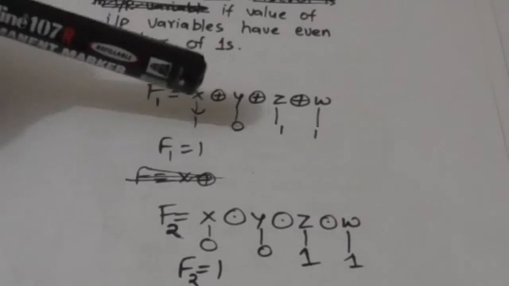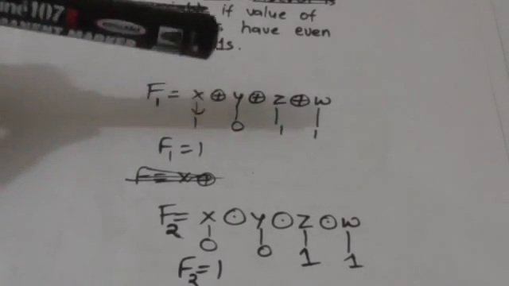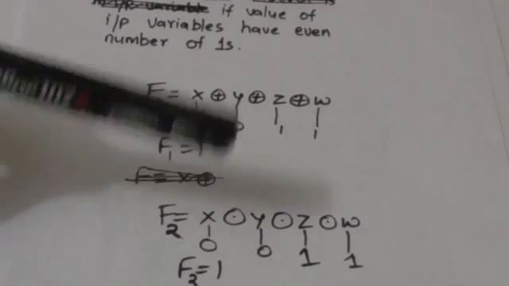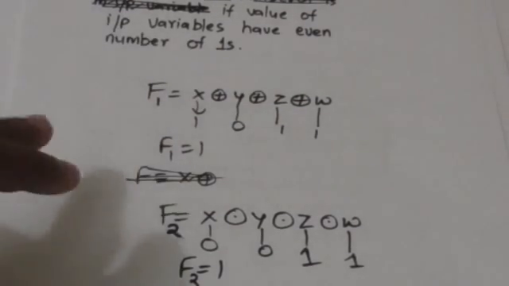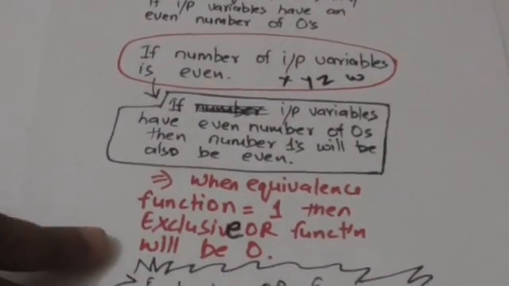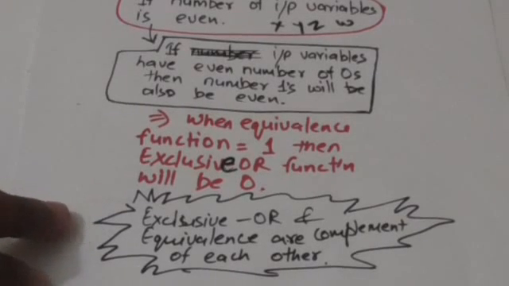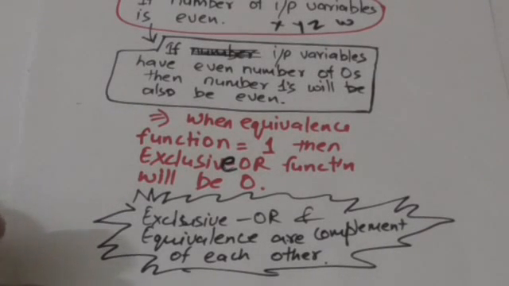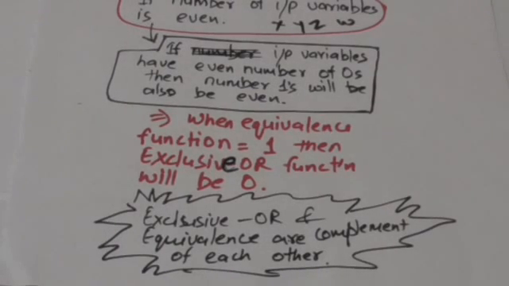But for this combination, the value of f2 will be 0 because it has an odd number of zeros. So if the number of input variables is even, then XOR and equivalence functions are complements of each other.